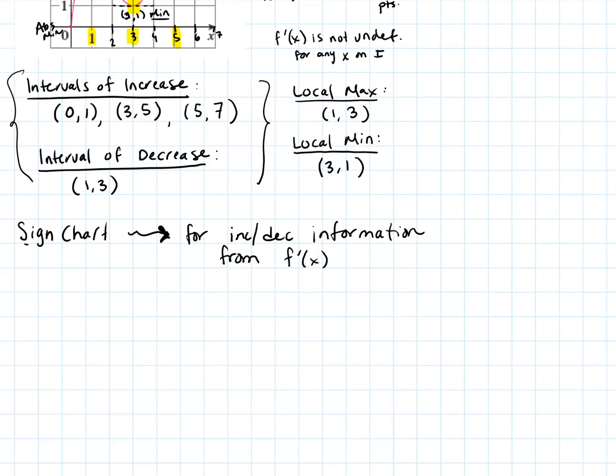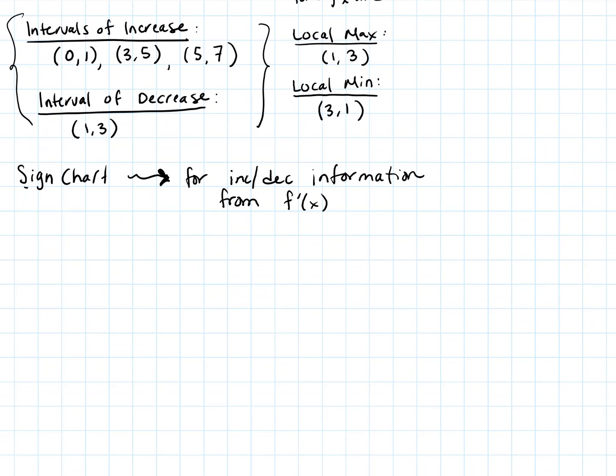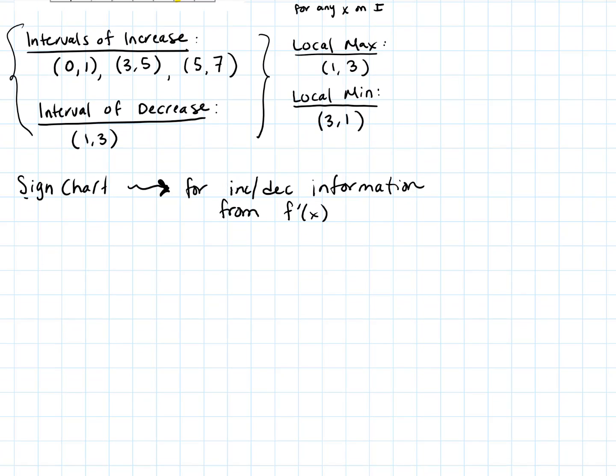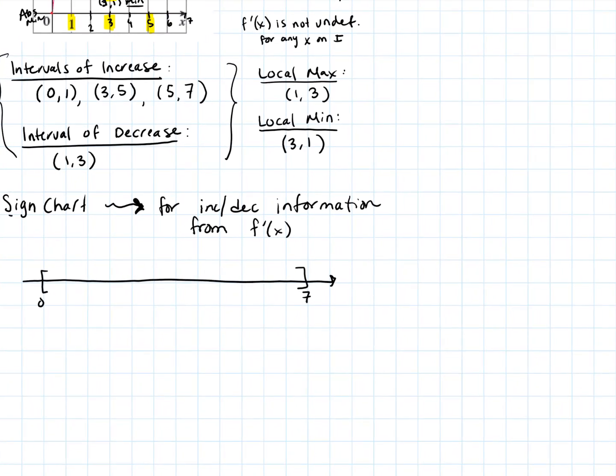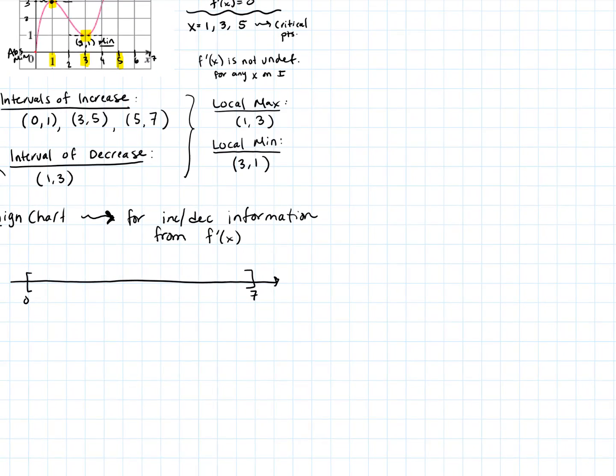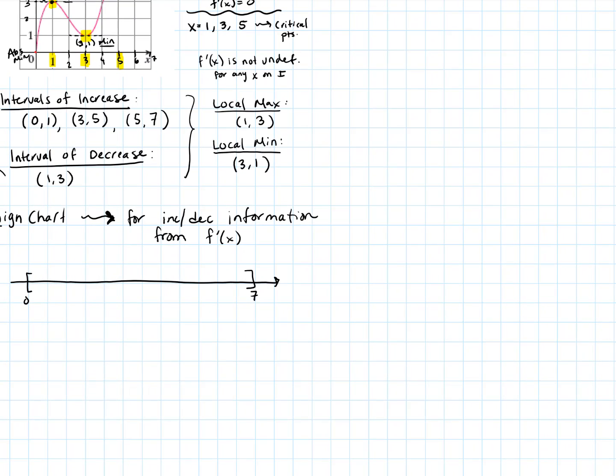So let's just suppose all I had was this information that we derived from the graph. I didn't have the graph, all I had was the information. Well, remember we were looking at the graph from 0 to 7, and let's suppose I did know that I had critical points at 1, 3, and 5.